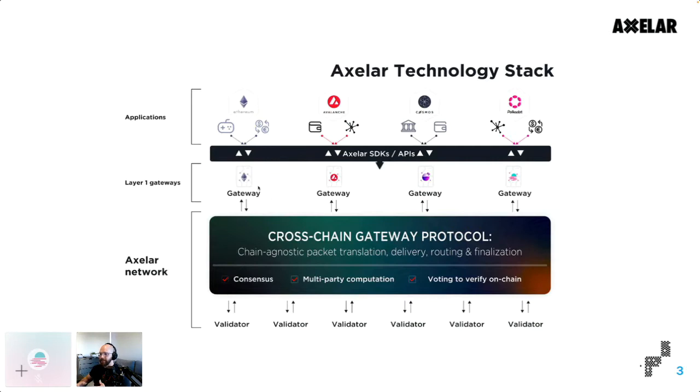In the case of EVM chains, it's a smart contract, deployed on Ethereum, on Avalanche, and on Moonbeam. To interact from Ethereum with Moonbeam, you call the gateway on Ethereum, and we at Axelar will forward your call to the destination chain via relayers and validate the transactions via validators.